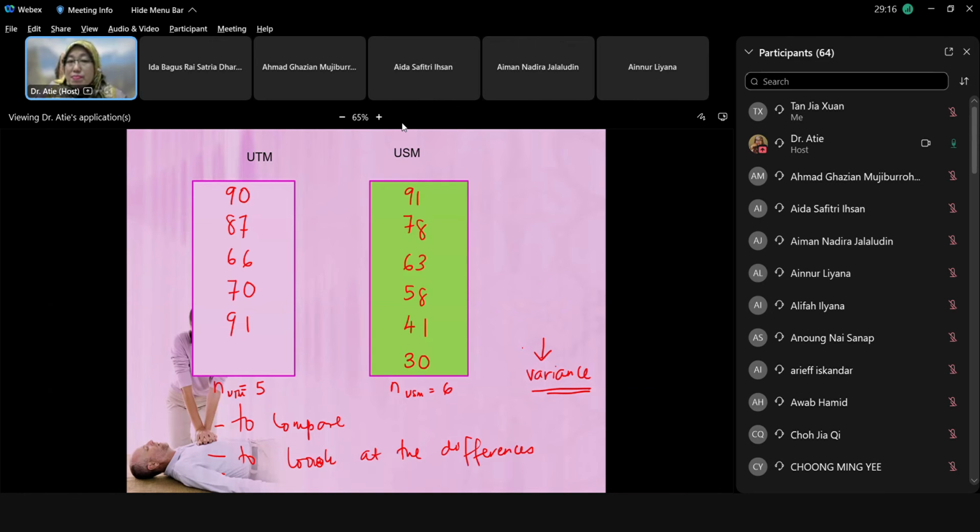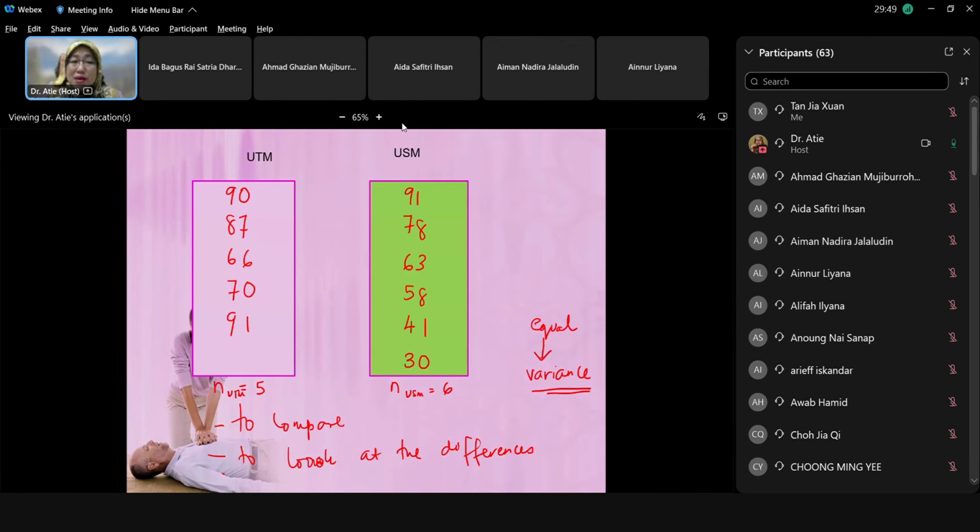What does it mean by variance? Variance, when I say one of the assumptions for the two-sample t-test, they must have equal variance. Okay, so equal variance means that they have almost similar marks, where we cannot identify the differences by just looking at the scores from the two universities, right?